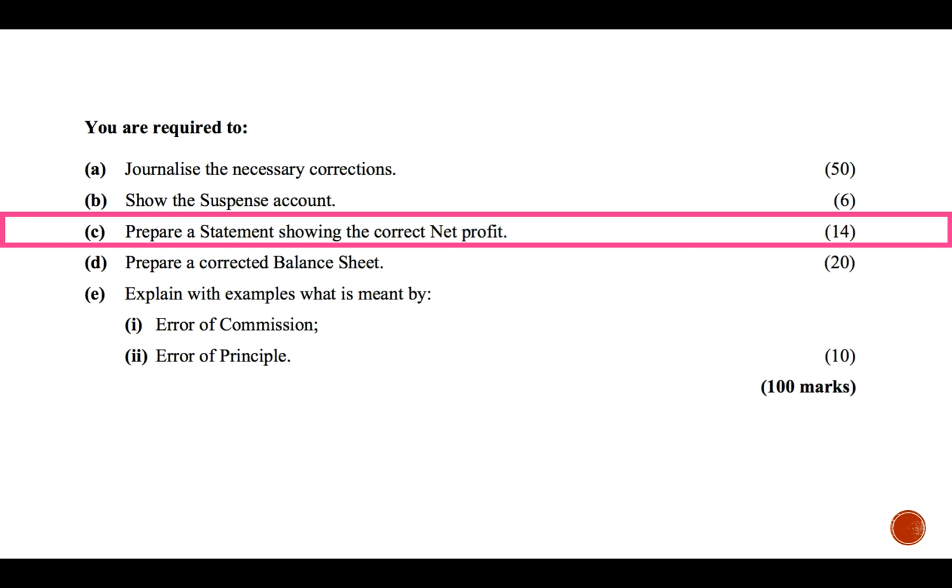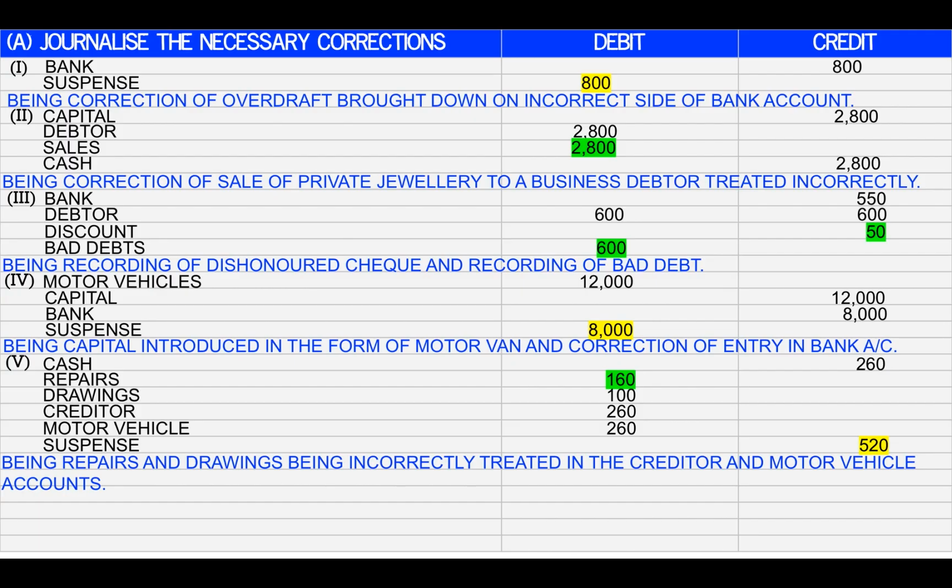Okay, so part C now. Prepare a statement showing the correct net profit for 14 marks. So that is our part A, all right, and you can see there highlighted in green the trading profit and loss figures. You have in part 2 the sales, 2,800 there. You have in part 3 a discount there, credit side €50, and you have bad debts, 600 on the debit side.